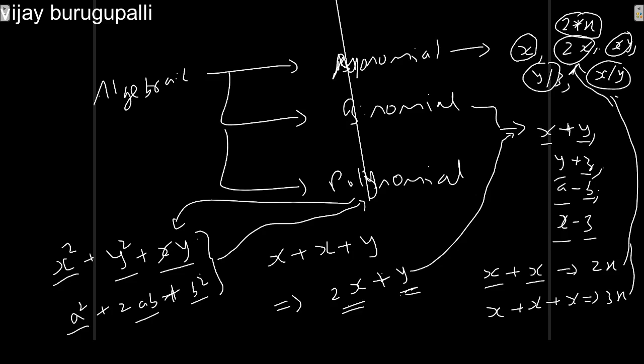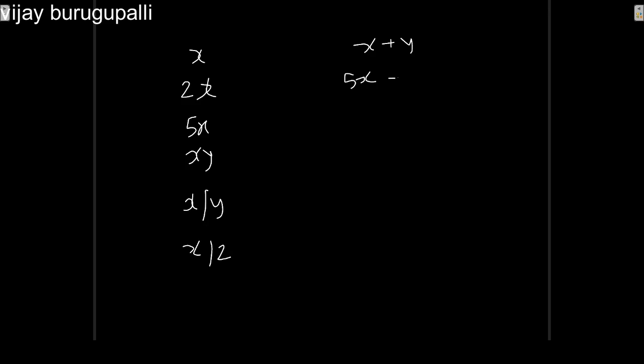Let's see some more examples: x, 2x, 5x, xy, x by y, x by 2, x plus y, 5x plus 3, 6y minus z, a minus b, 5a plus 6.